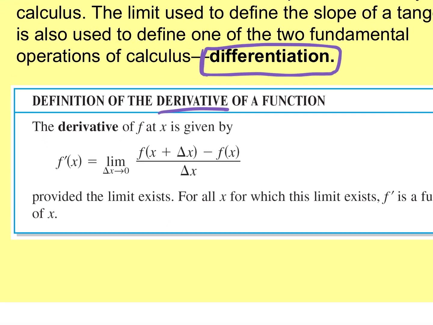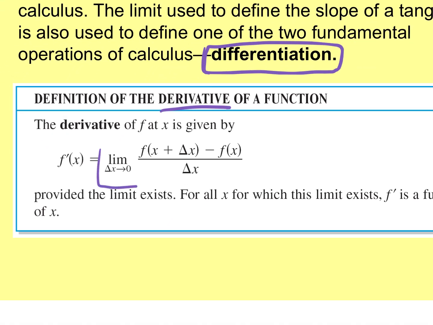So the derivative of f at x would be the limit as dx approaches 0 of f of x plus dx minus f of x over dx. It's the same formula, but the c turns into x's here. So when you find the limit, you'll have x's in your answer. It's not just going to be a number because we're not finding the slope.